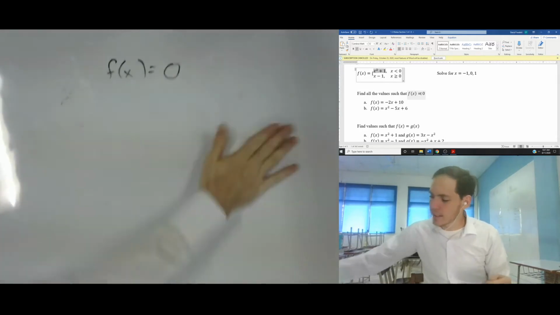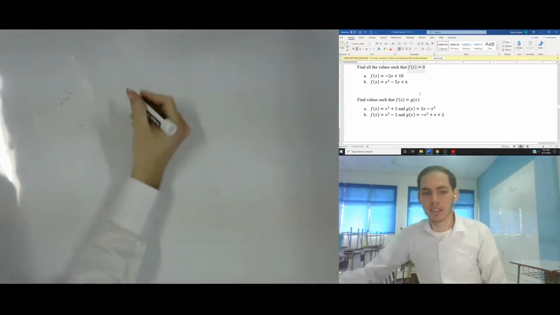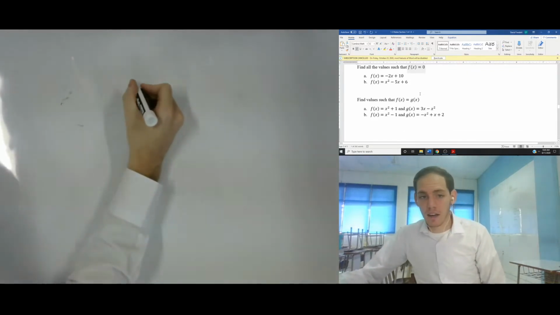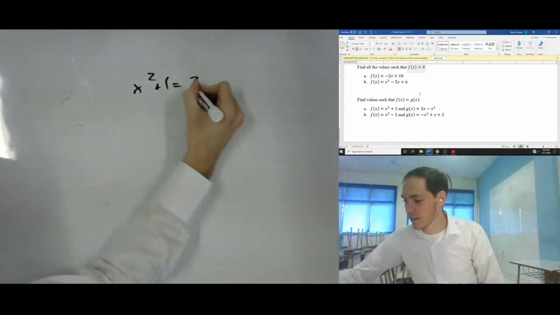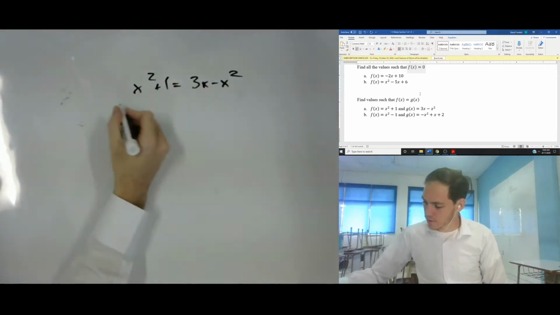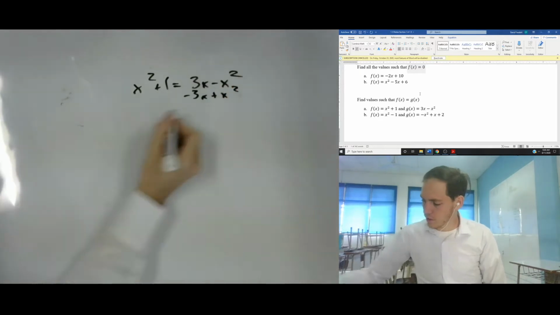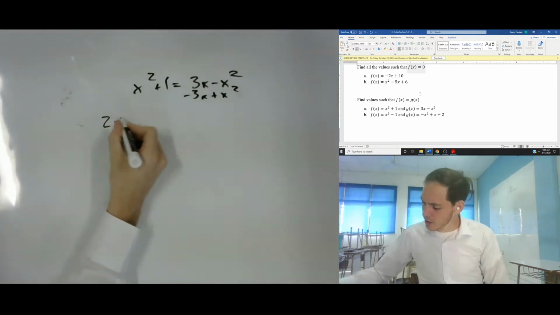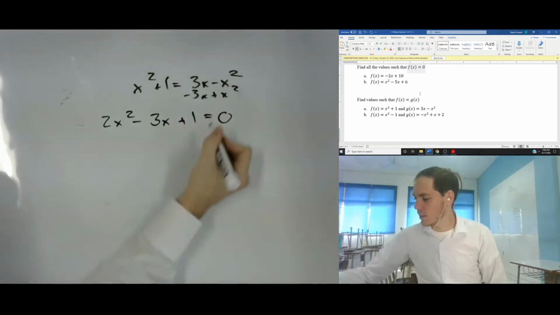Okay, find the values. Now, it's going to follow the same principle we used with zeros. So if f of x equals g of x, we're going to get x squared plus 1 equals 3x minus x squared. So if we move everything over, we get 2x squared minus 3x plus 1, and that equals 0.